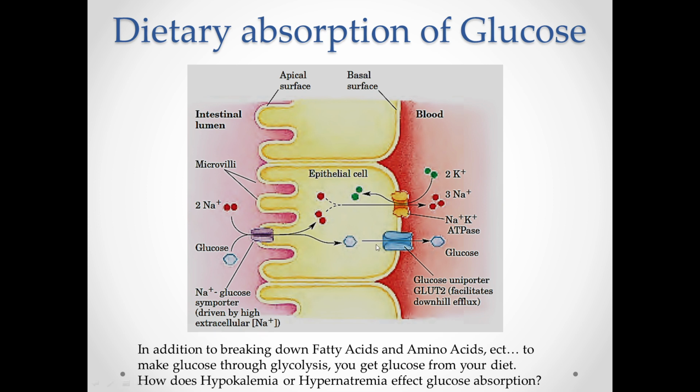Ultimately, within this epithelial cell, glucose is then absorbed into the bloodstream through another glucose transporter called GLUT2. When glucose is transported, the 3 sodiums are transported with it, and 2 potassiums are counter-transported. And so if somebody is hypokalemic or hypernatremic, this counter-transport mechanism might not occur, and glucose would be more difficult to take into the cell, or into the bloodstream.